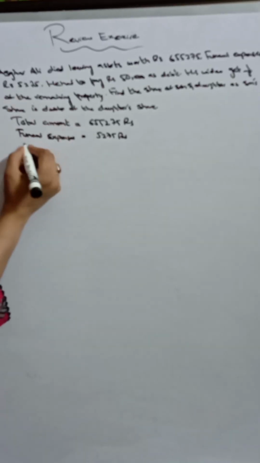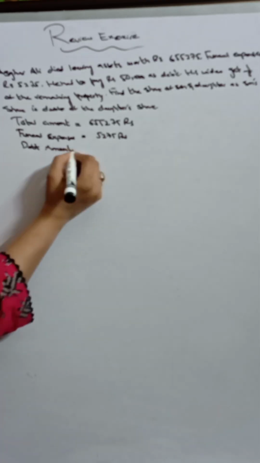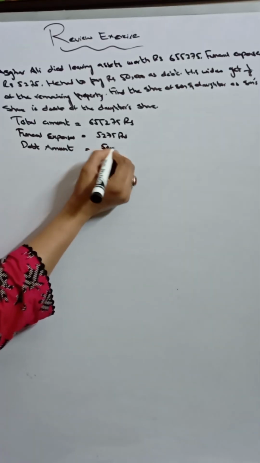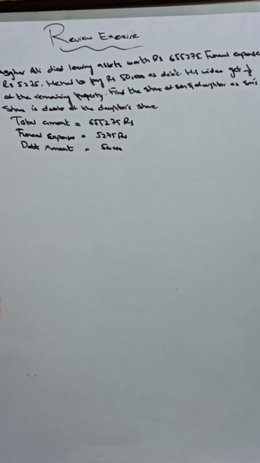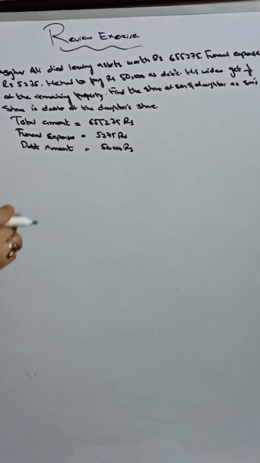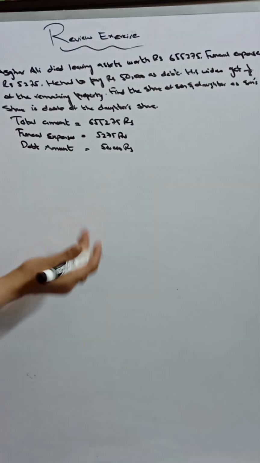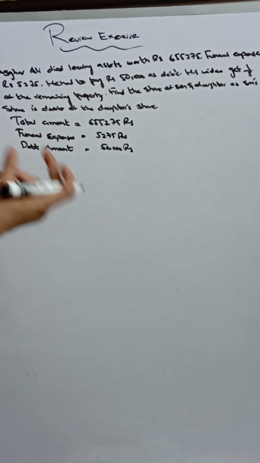He has to pay debt. The debt amount is 50,000 rupees. At this point, we just calculate the total expenditure, either on funeral expenses or on paying his debt. Then we have to subtract this from the original amount. So let's begin.